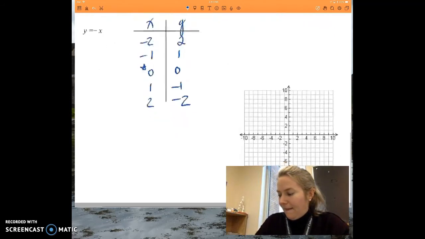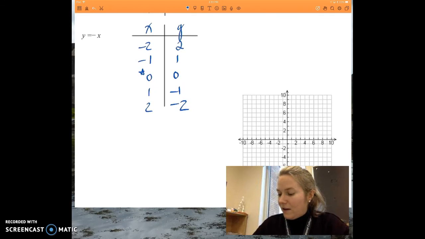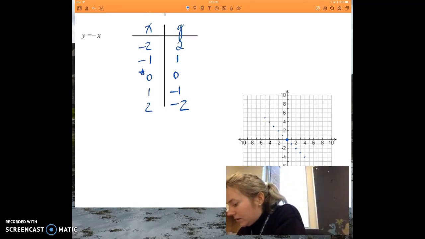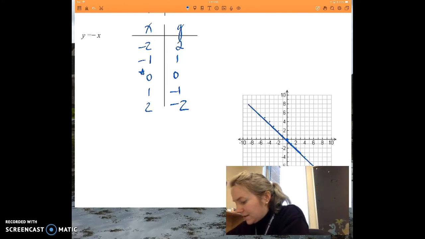Okay, let's put this on the graph. Negative x, we have 0, 0 right there. That's where it goes through, 0, 0. And it's negative x, so it's going to go this direction, like that. And let me draw my line using my handy dandy ruler. That's not a very good line, is it?